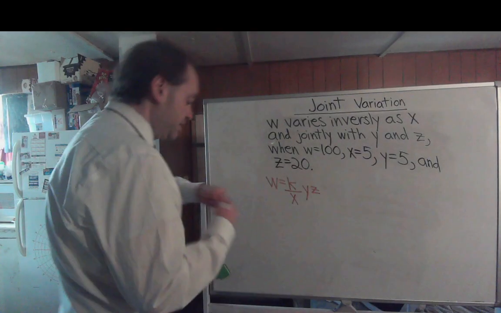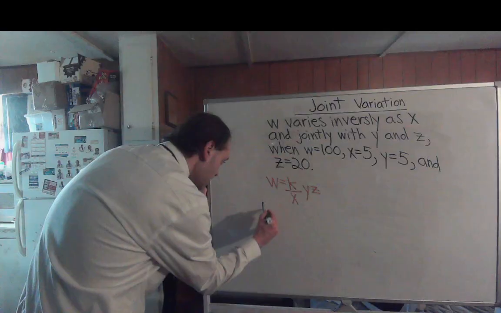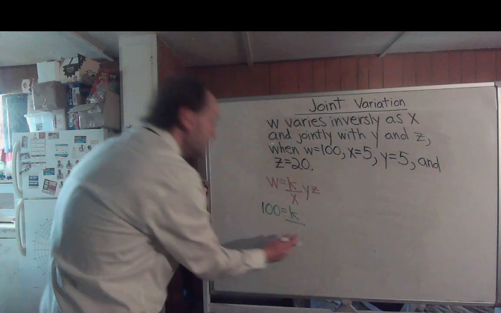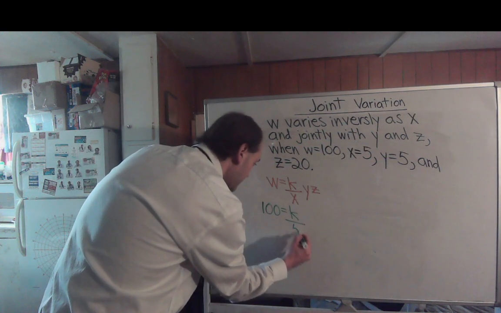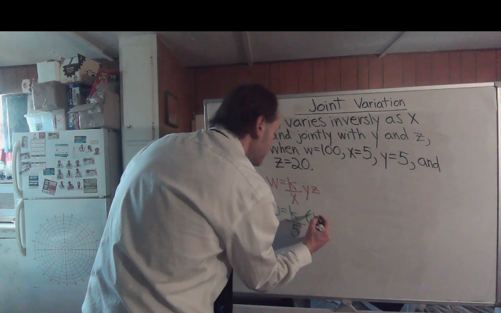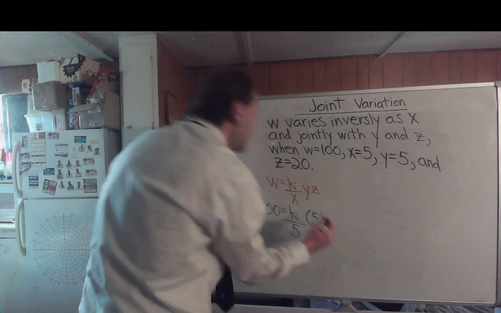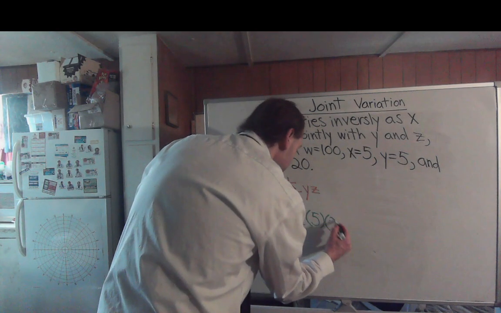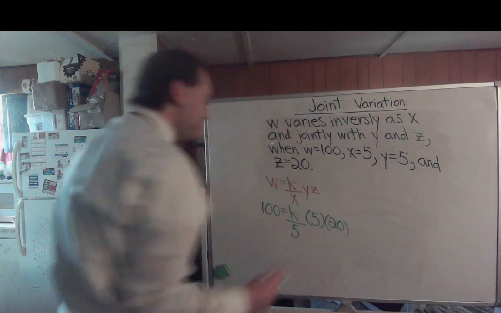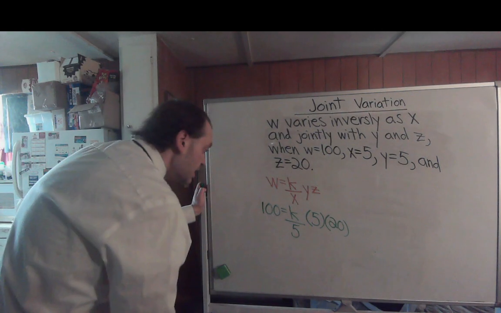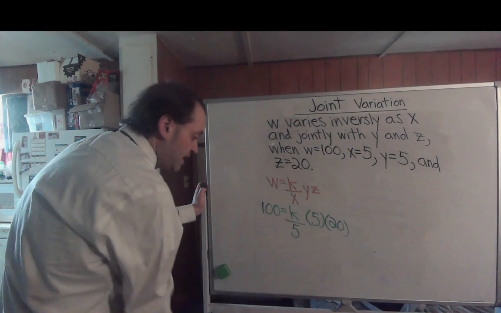So W equals 100, right? So there's 100. That equals K, which we don't know yet, divided by your X of 5, times your Y value of 50, and your Z value of 20. Okay. So, let's multiply everything by 5 first.